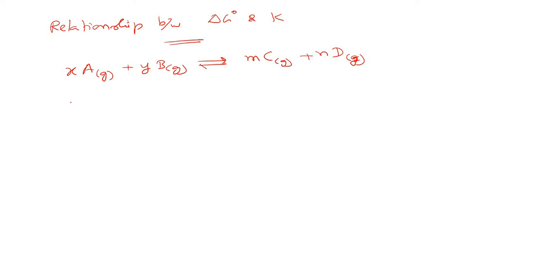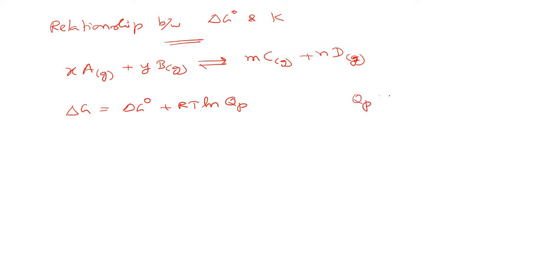So for any reversible reaction, the Van 't Hoff reaction isotherm can be given as delta G is equal to delta G naught plus RT ln QP, where QP is the reaction quotient.